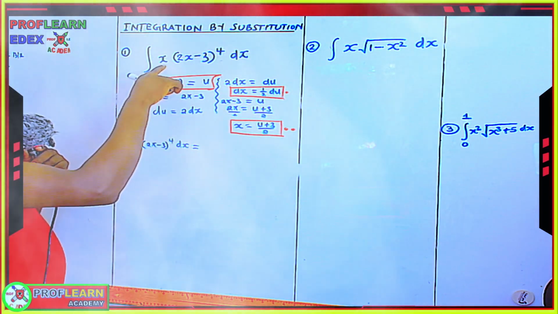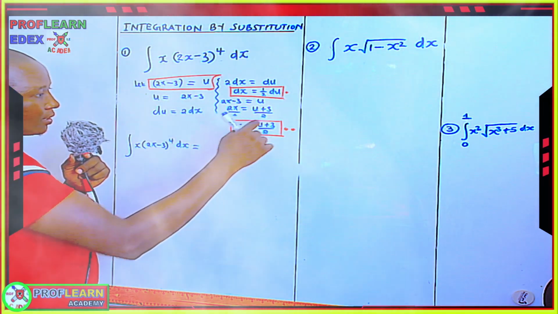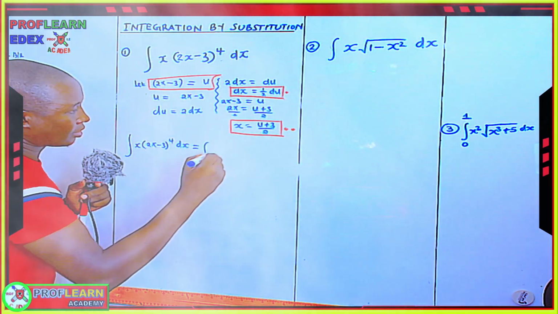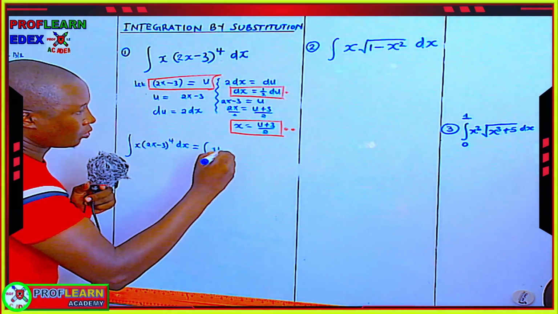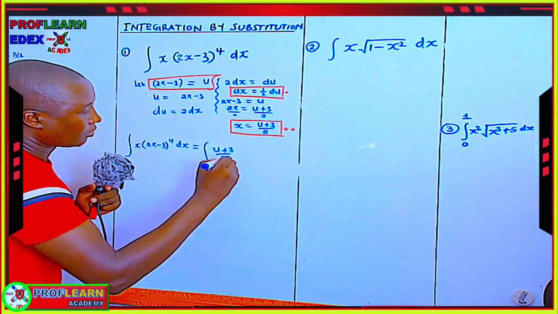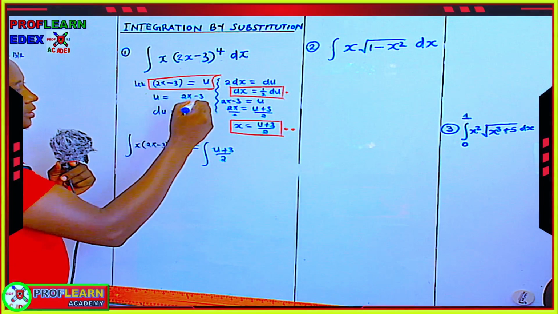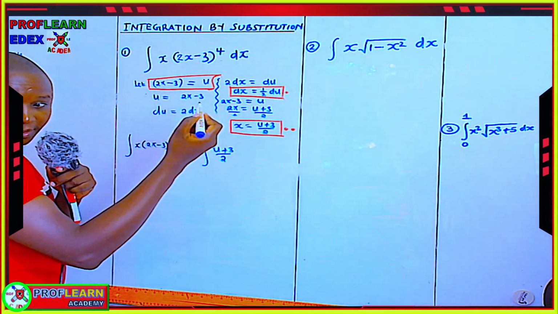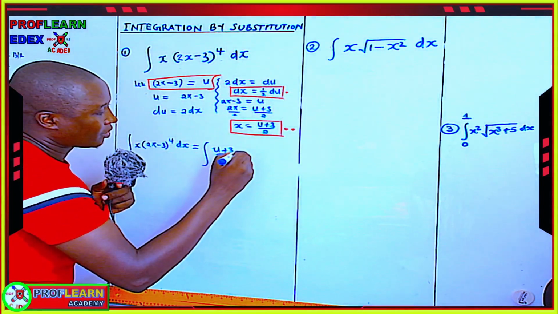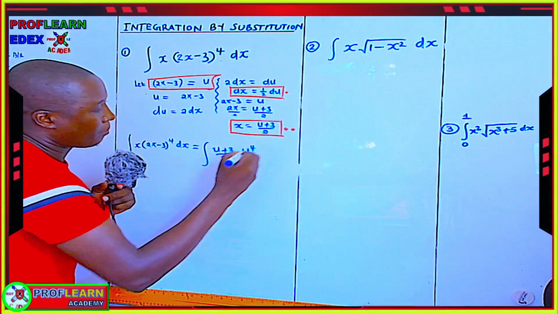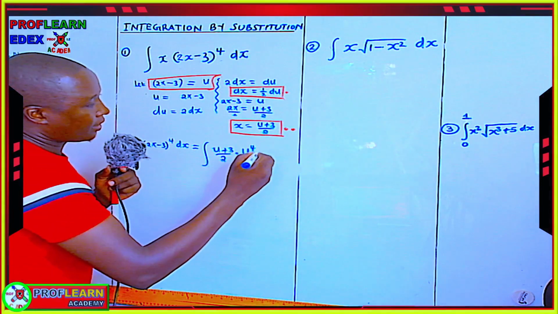So we have this constant and this constant. This is going to translate to (u plus 3) u power 4, times 1 over 2 times 1 over 2, which is 1 over 4. Then we have du at that point.